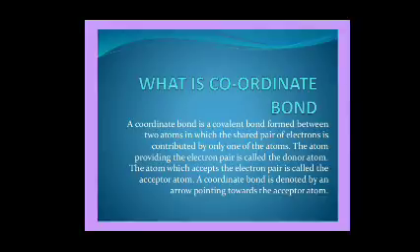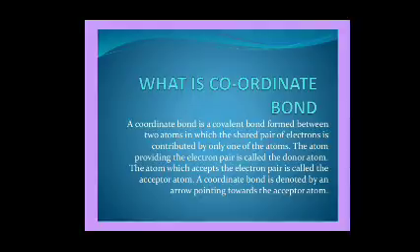The donor atom has a lone pair of electrons and the acceptor atom has an empty orbital. The bond is represented by an arrow pointing from the donor atom towards the acceptor atom.